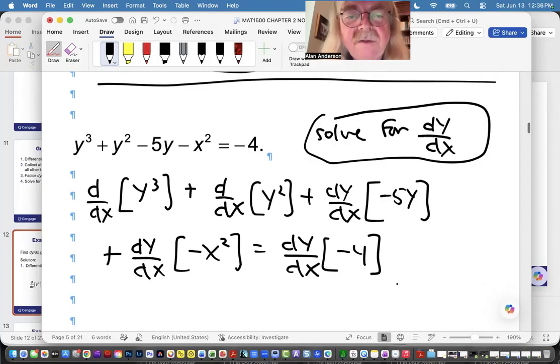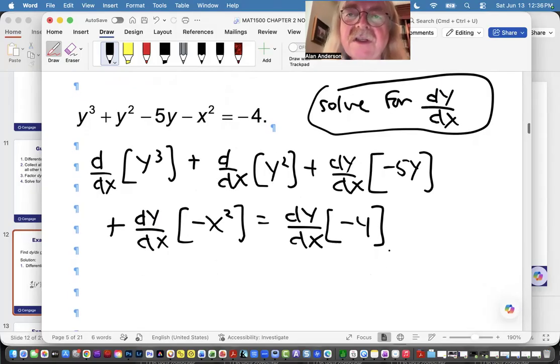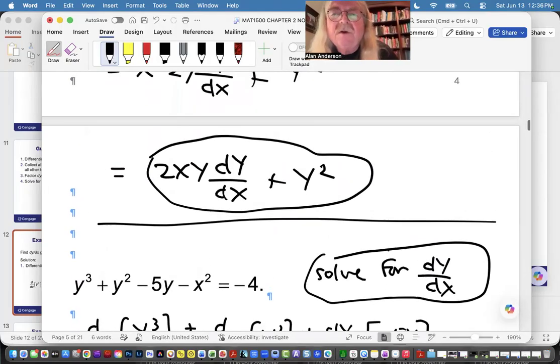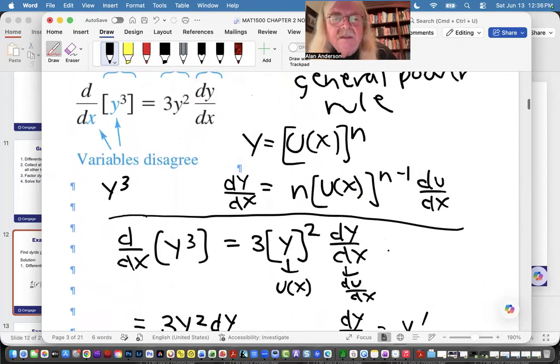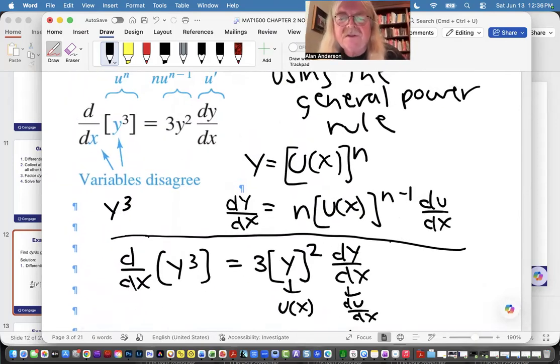Well, all right then. Now there's nothing left for us to do except go ahead and solve for this. Now, as far as these y terms go, let's go back and remind ourselves when we did this for the first time.